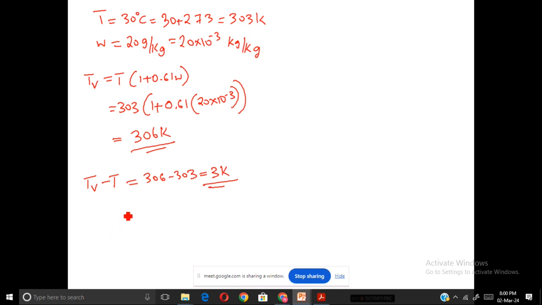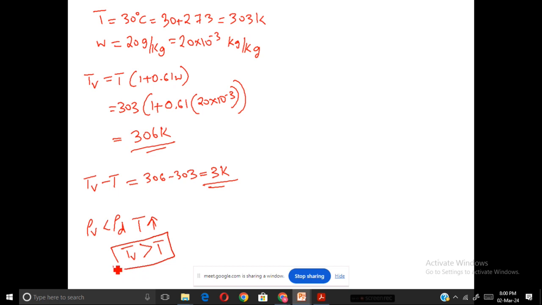If you remember, I told you that since the density of vapor is less than the density of dry air, in order to attain the same density as that of the vapor, we will have to increase the temperature of dry air. So generally the value of virtual temperature will always be greater than the actual temperature.